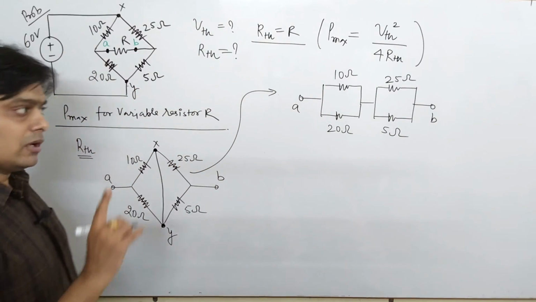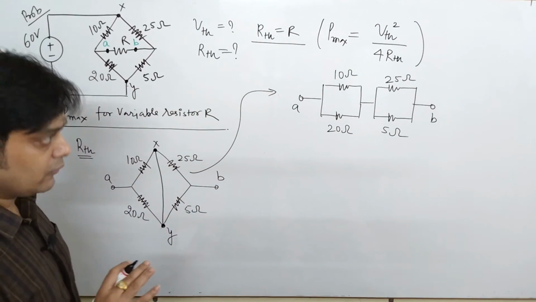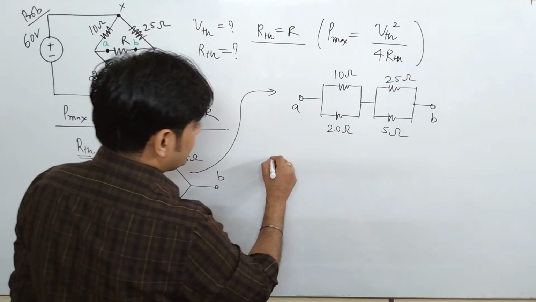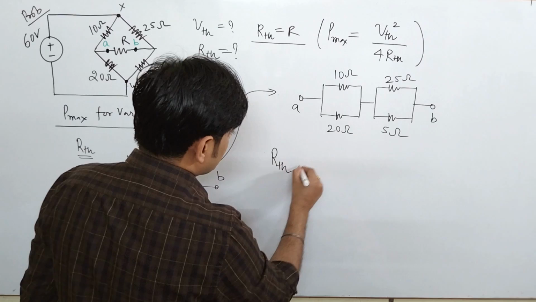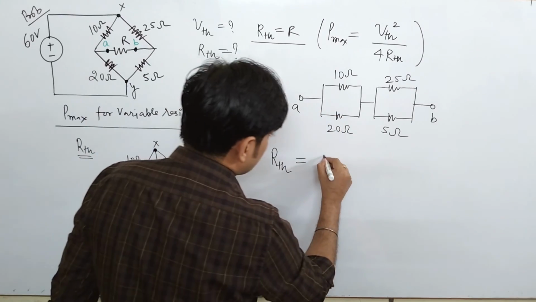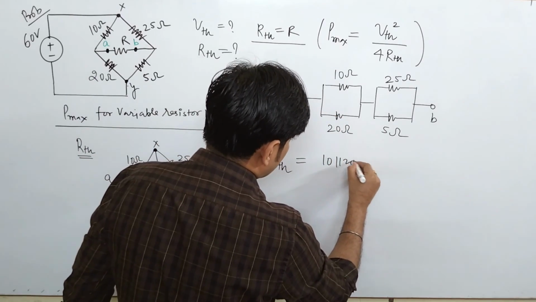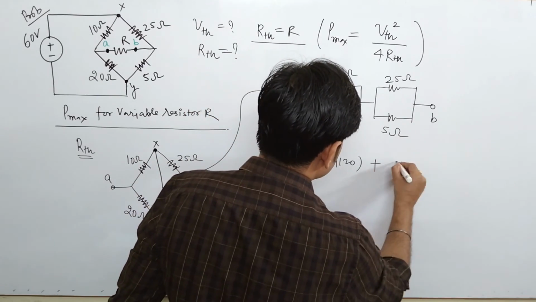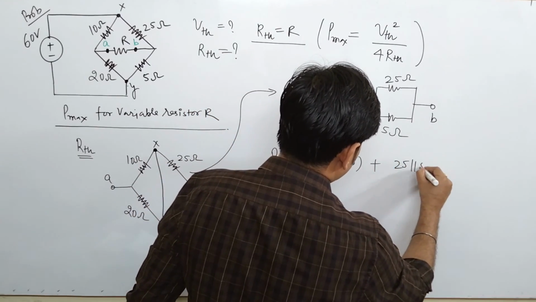However, in my previous video, I have already directly given you the formula for that, but just for your understanding purpose, I am solving this entire network here. So your RTH across terminal AB is basically the parallel combination of 10 parallel 20, plus 25 parallel 5 ohm.